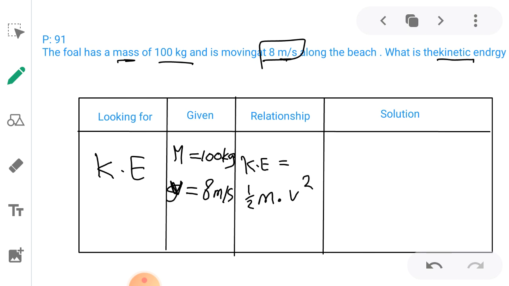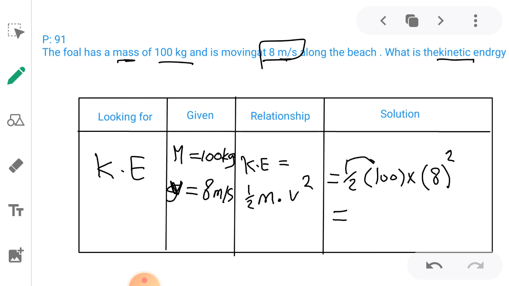Okay, so let's substitute with the numbers. We're going to write half. What is the m here? m is 100. Multiply v, where's the speed? 8, squared. You have to square it.